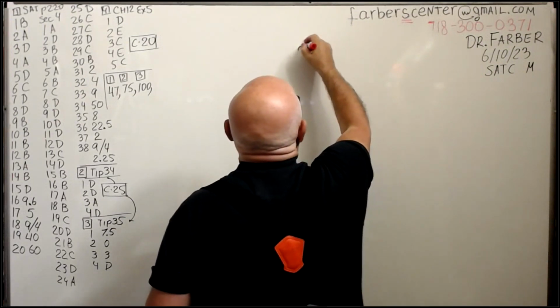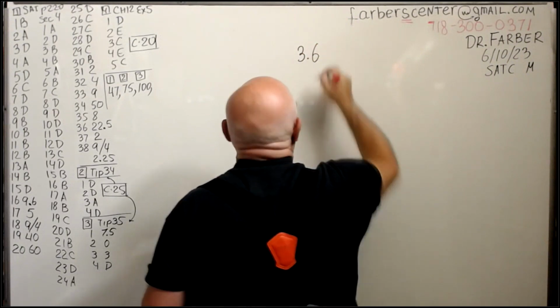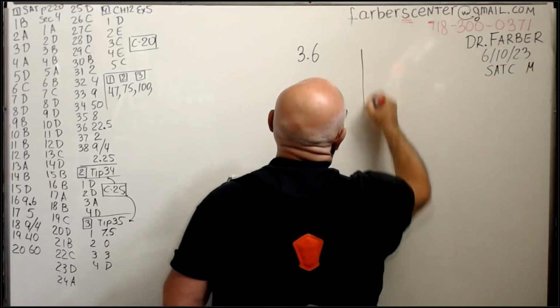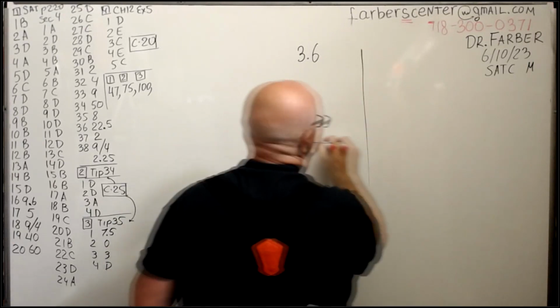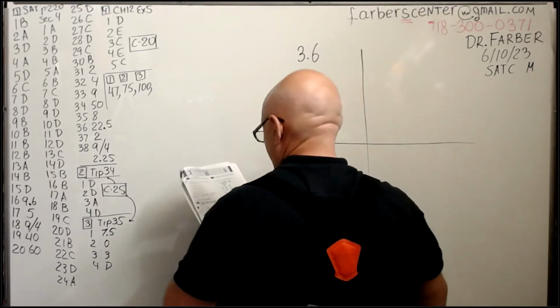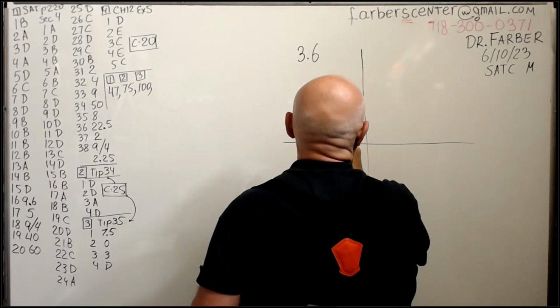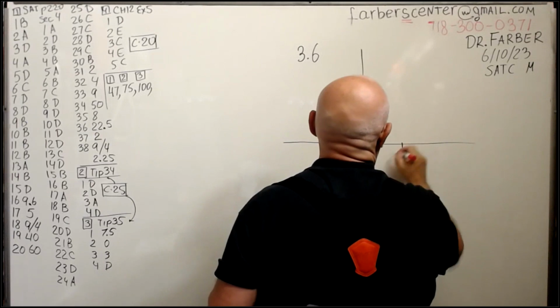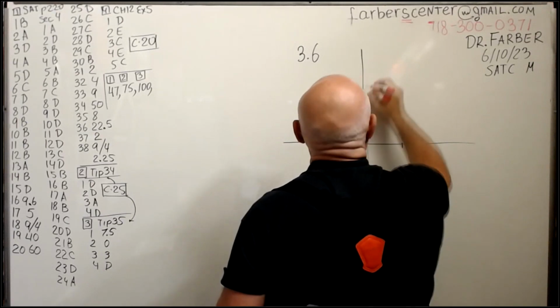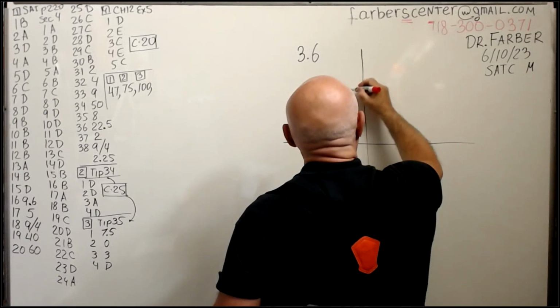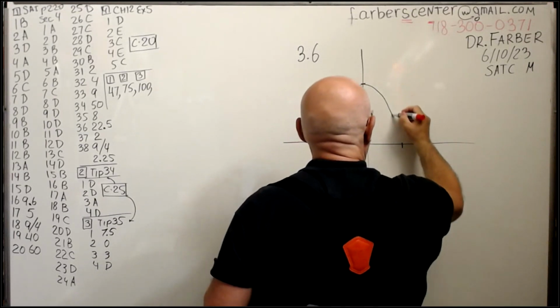In 3, 6, what do we have? We have Cartesian coordinates. And pretend we have a parabola which goes like this, kind of.